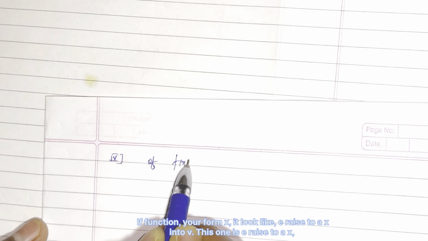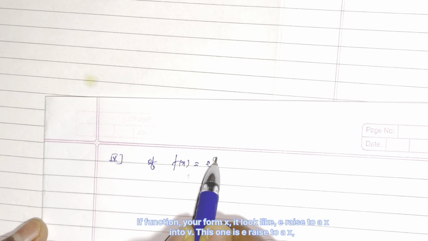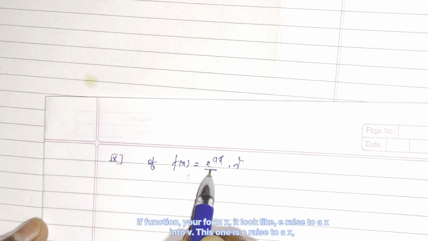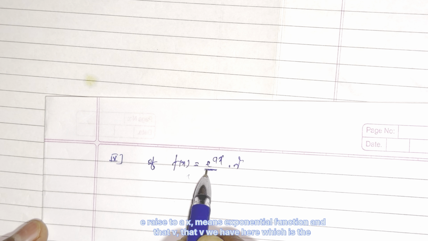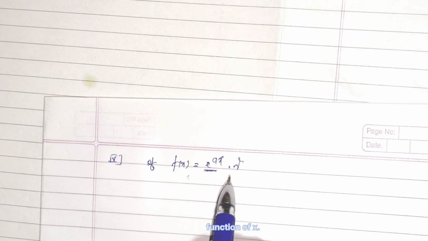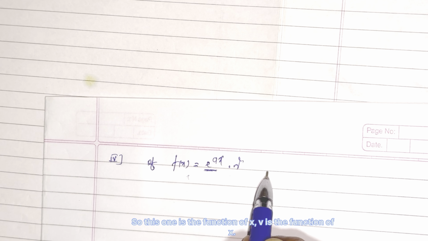If the function f of x looks like e raised to ax into v, this one is e raised to ax, which means an exponential function, and that v we have here is a function of x.